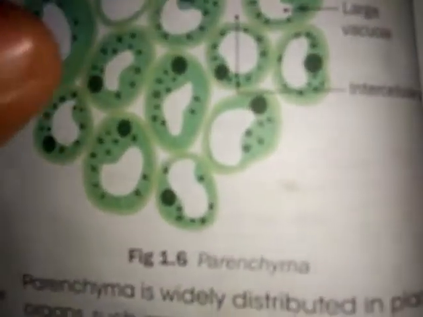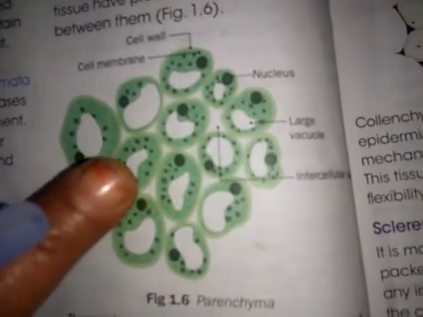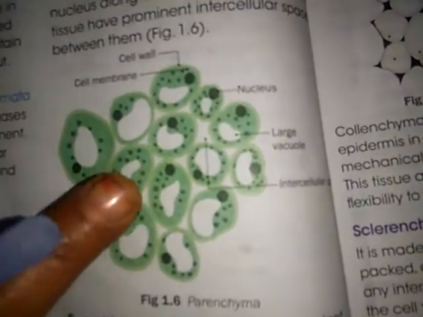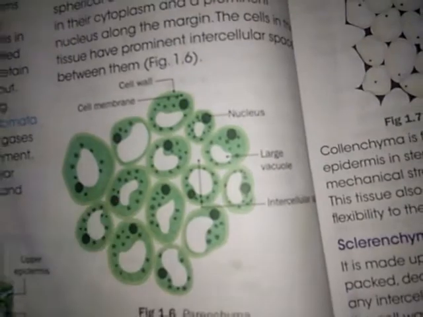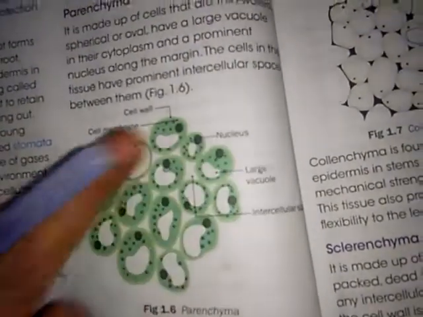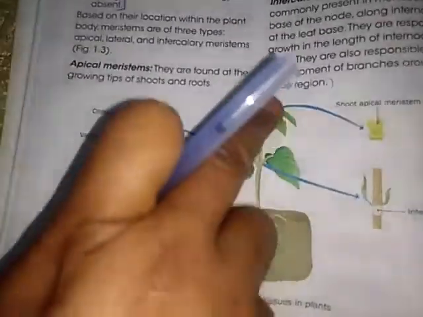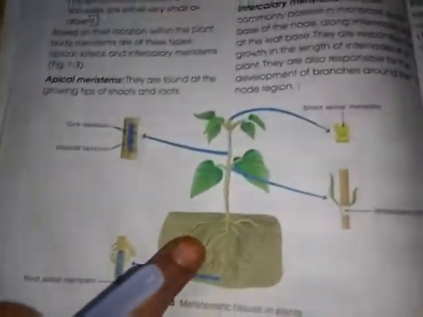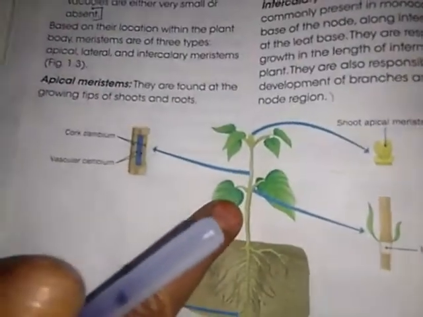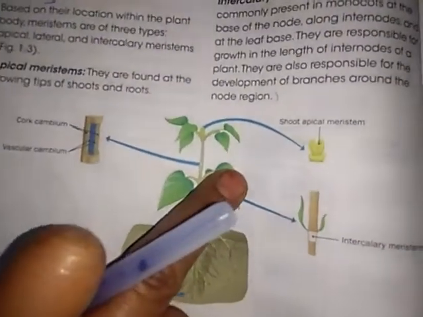Parenchyma is a type of ground tissue. Where is this tissue present? All over the plant body, for example root, stem and leaf. These parts are made up of ground tissue.